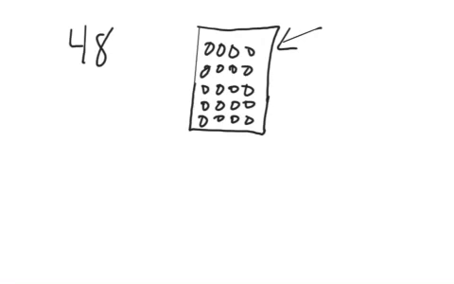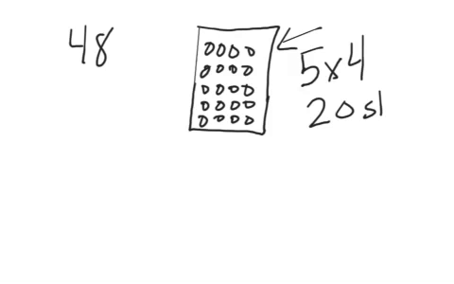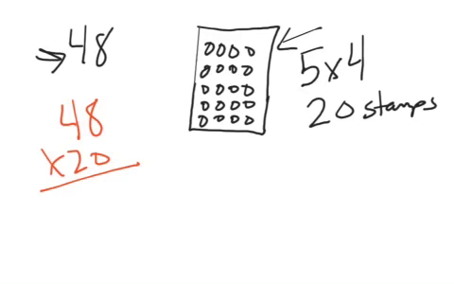So first we're going to figure out how many are in each page. We have 5 rows with 4 stamps on each row, so 5 times 4, and that's 20. 20 stamps are on each page. Now we have 48 total pages, so we need to think, okay, 48 times 20, and that's going to give us our total number of stamps on all of those pages.